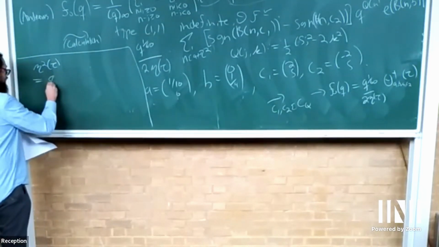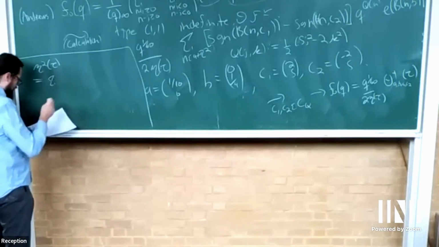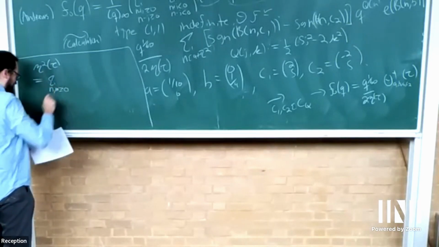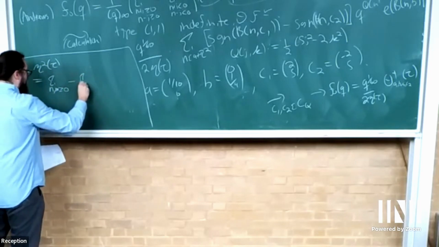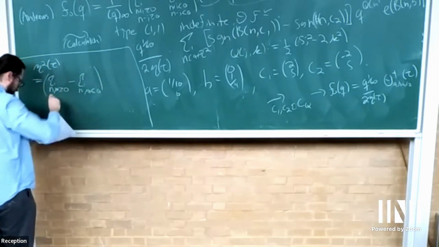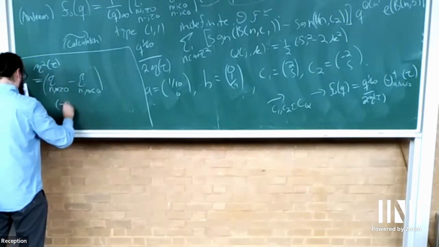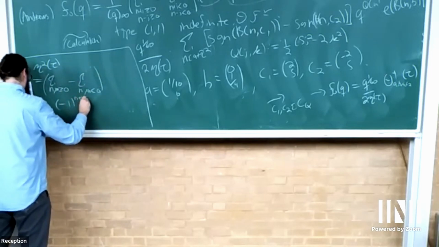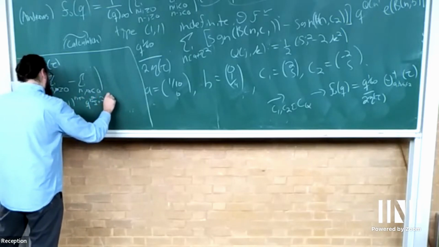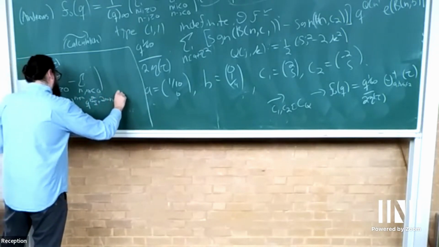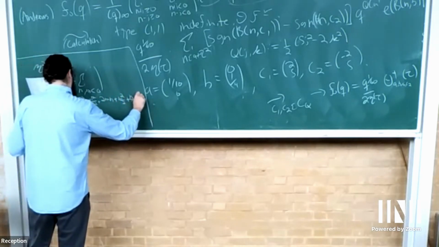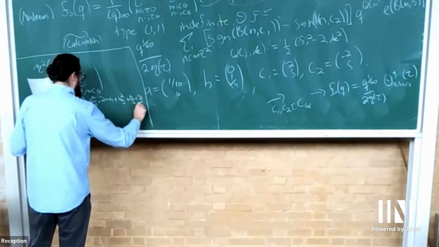And he wrote down this really cool identity as an indefinite theta sum. It's the sum over n, m greater than or equal to 0 minus the sum over n, m less than 0 of (-1)^(n+m) q^(n^2/2 + 2mn + m^2/2 + n/2 + m/2), plus 1.